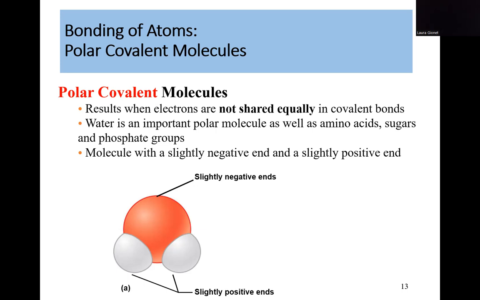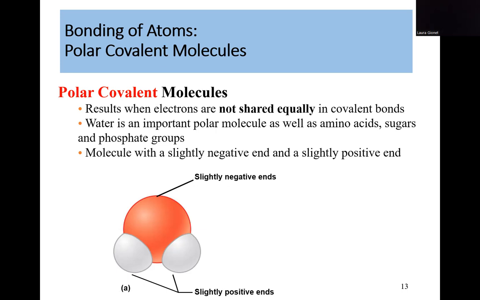And the other end of the water molecule has a slightly negative end. So that's what I said, slightly negative, slightly positive. That unequal sharing of electrons creates polarity of charge, opposite charges around this one molecule of water. And that's what we mean by polar covalent bonds.